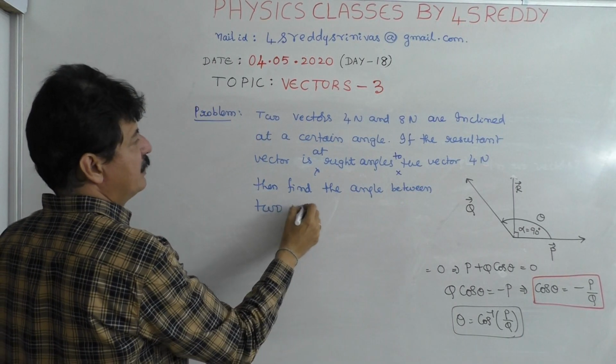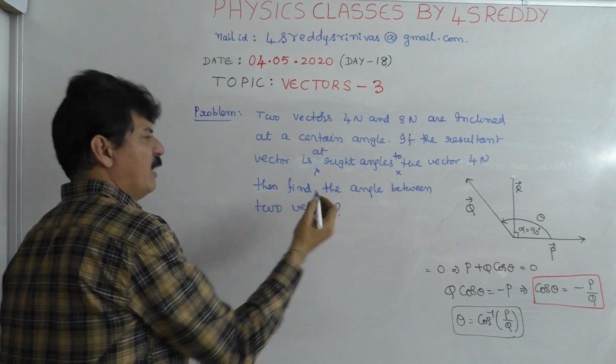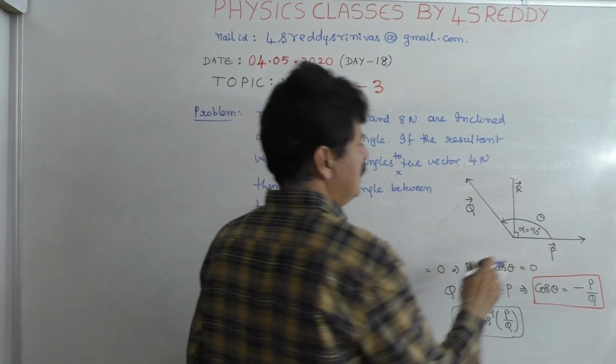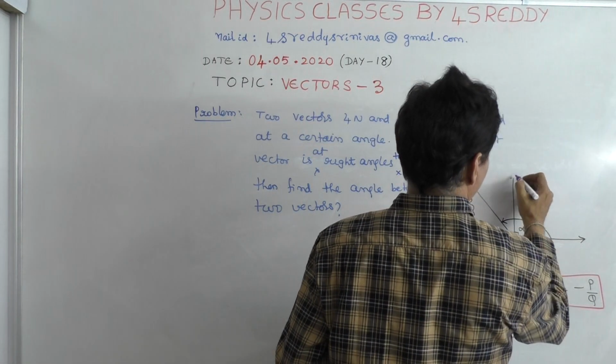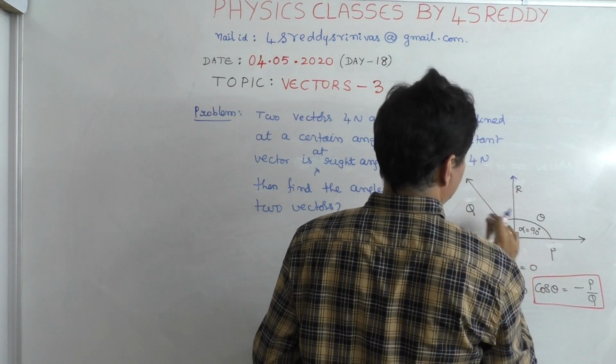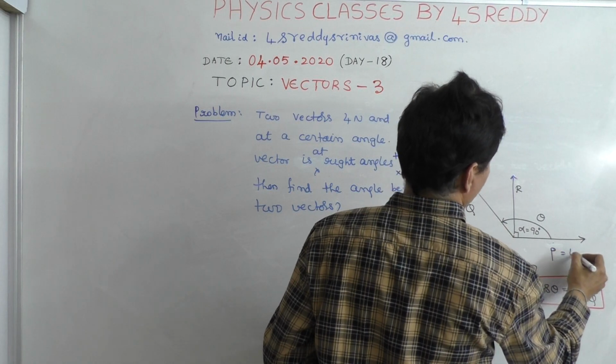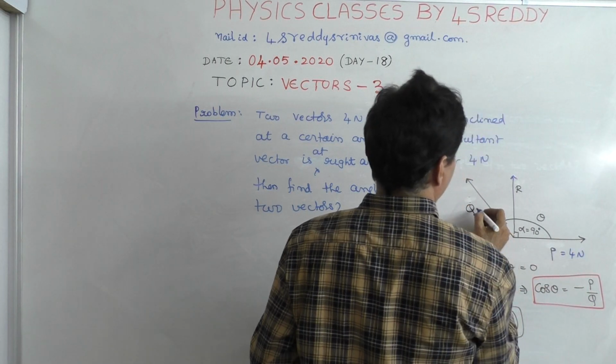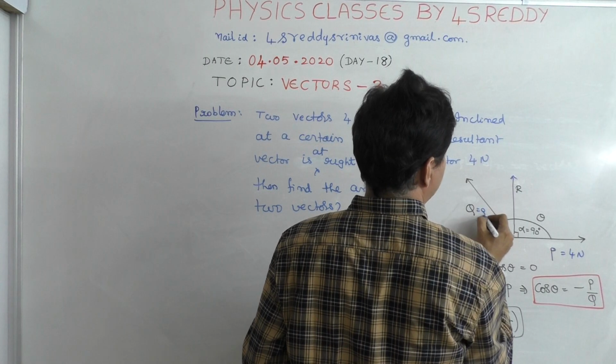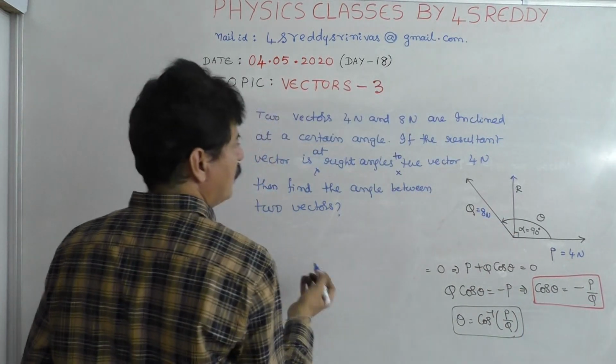Then find the angle between the two vectors for the given numerical values. Suppose this is P, this is Q, and for our convenience, this is R. The magnitude of this is 4 newtons and this is 8 newtons. Then what are you going to get?